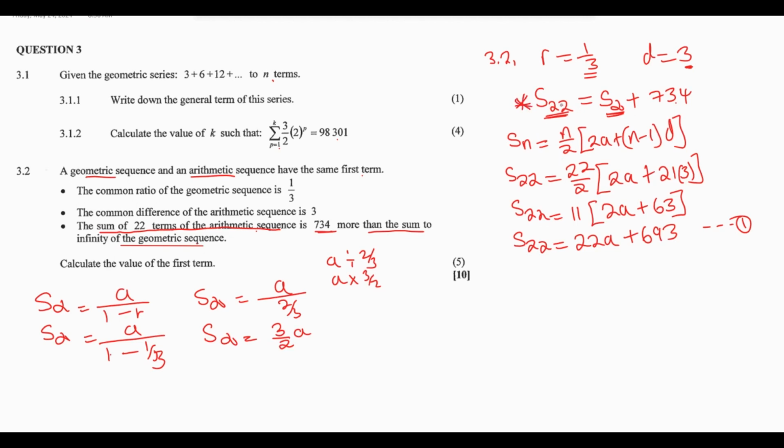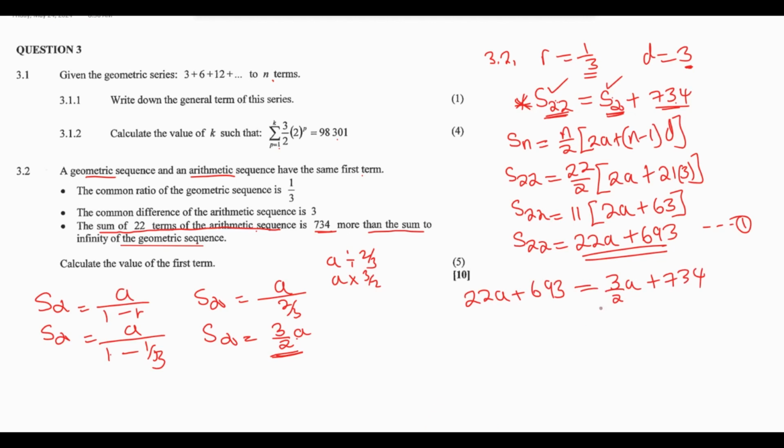Right. Let's come back to this. We said the sum of the first 22 terms of the arithmetic series is equal to the sum to infinity plus 734. Let's just substitute here the sum of the first 22 terms and the sum to infinity. So what we have: 22a plus 693 is equal to our sum to infinity, which is 3/2 a plus 734. Now we can solve for a here.